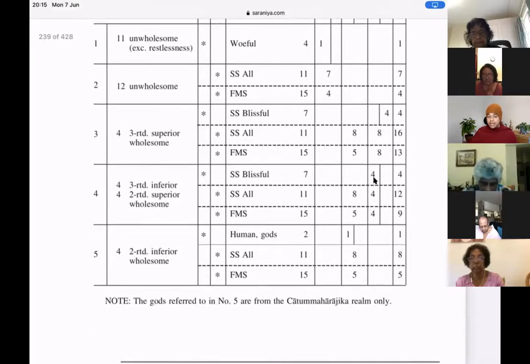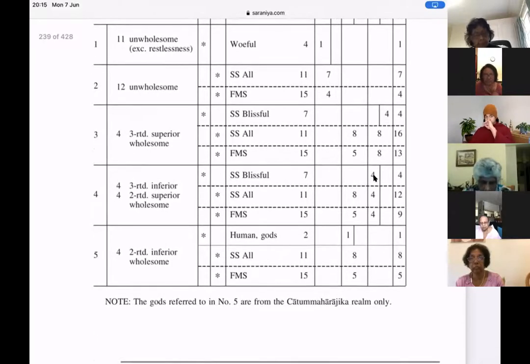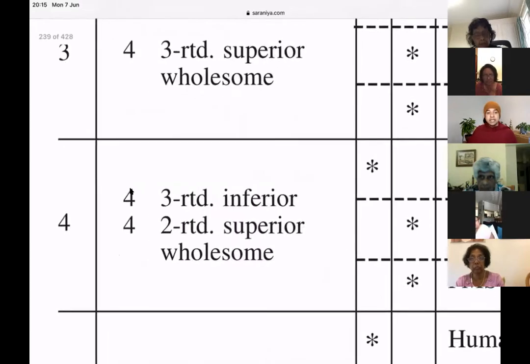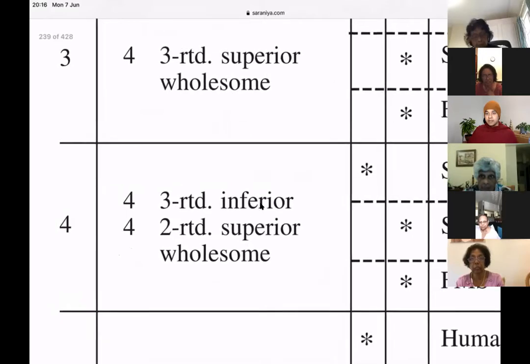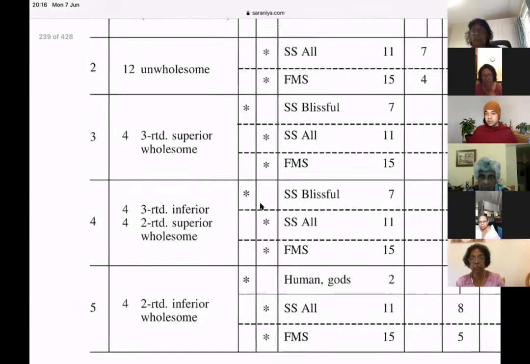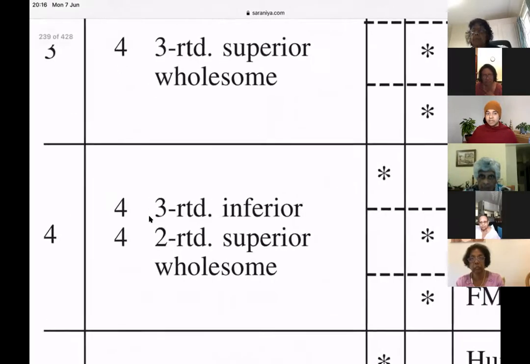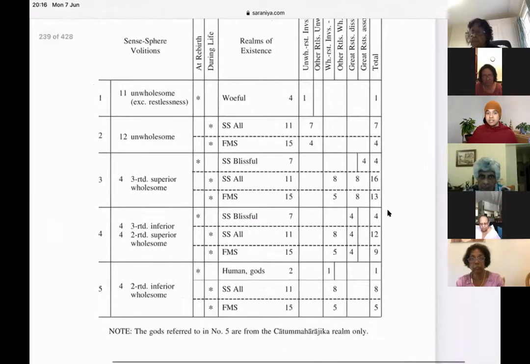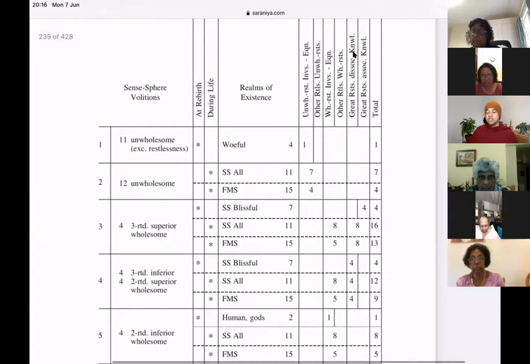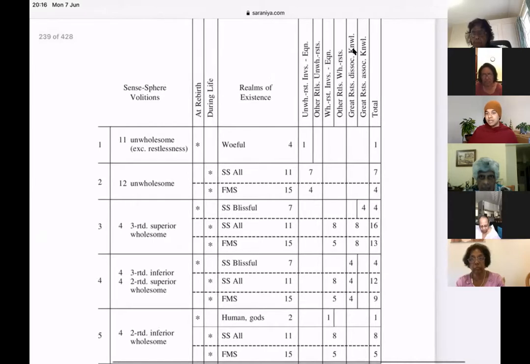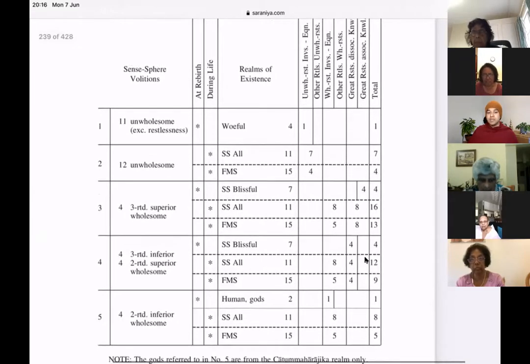Why dissociated from knowledge? Because now, mind you, this is 3 rooted inferior, right? Very important to note that. This is 3 rooted inferior. However, the resultant happens through great resultant dissociated from knowledge. Did you see that? Yes. The shift.